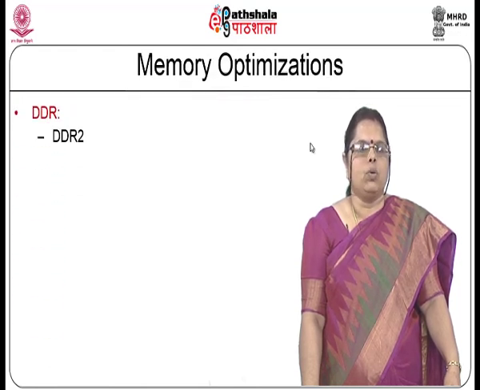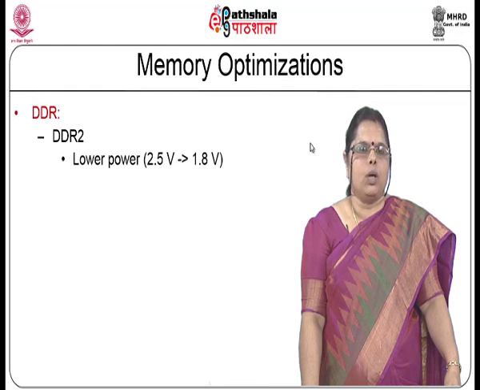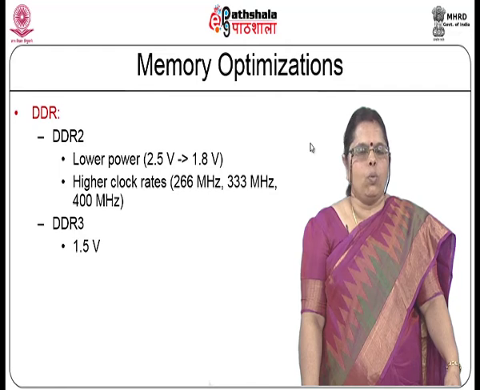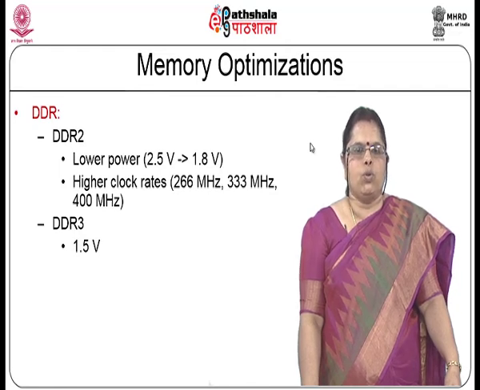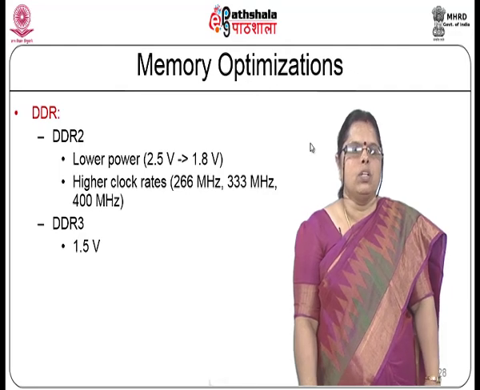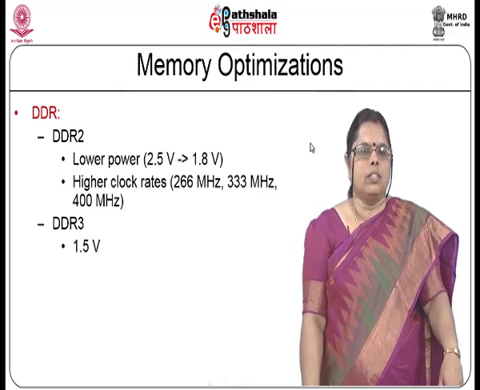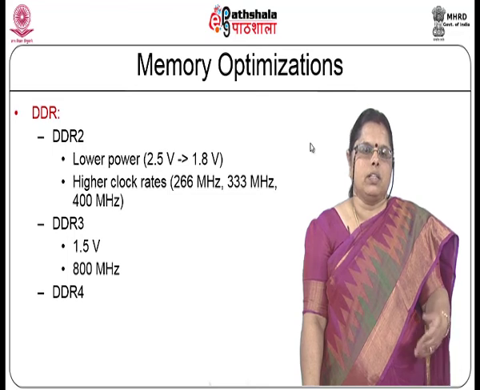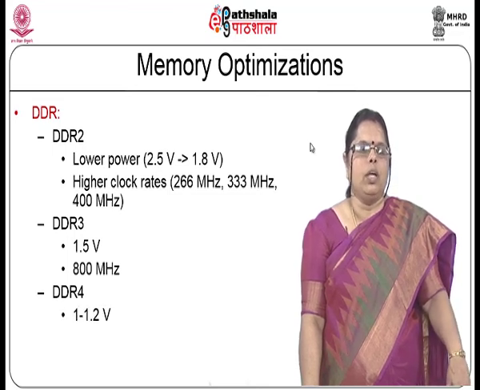DDR was further extended to DDR2, DDR3 and DDR4. DDR2 has very low power: from 2.5 volts it was reduced to 1.8 volts, and it supports higher clock rates. DDR3 again has its own voltage ranges and frequency ranges at which it can operate.